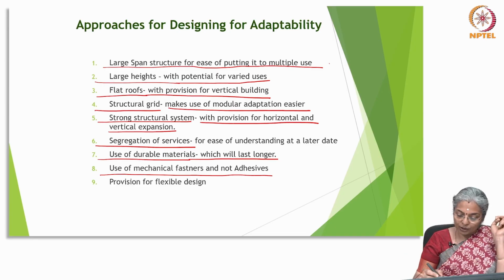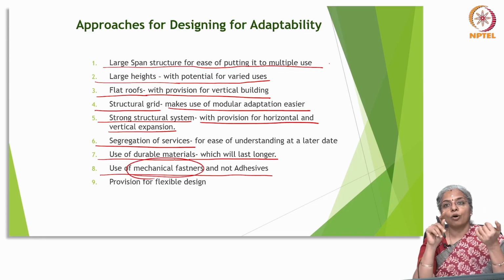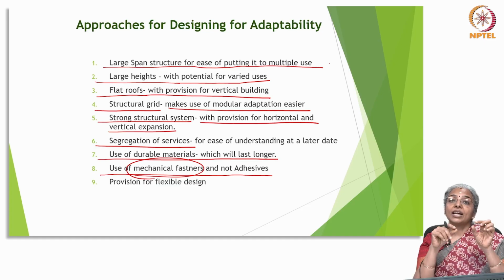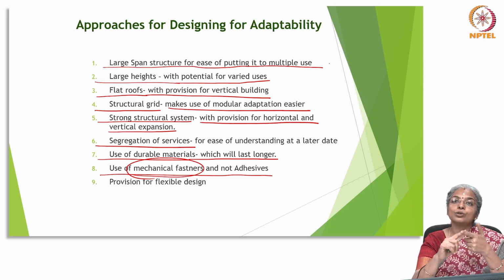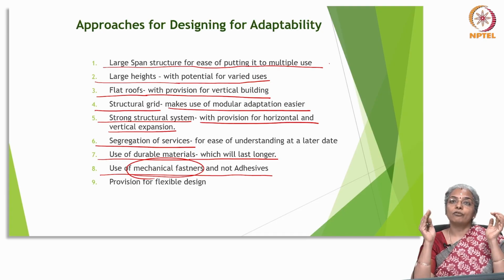But if you start using mechanical fasteners like screws or bolts and nuts, it is easy to first see where the joint is, because you can clearly see the nuts and the bolts, and it is also easy to dismember that joint without much damage.